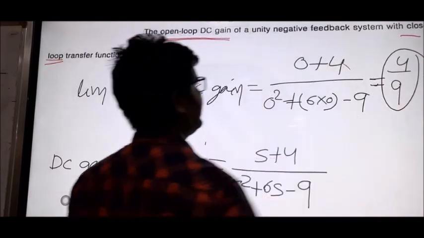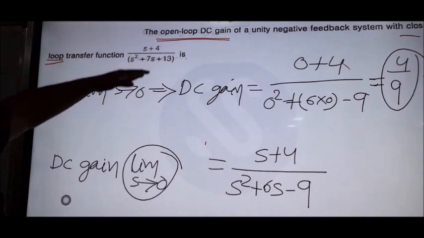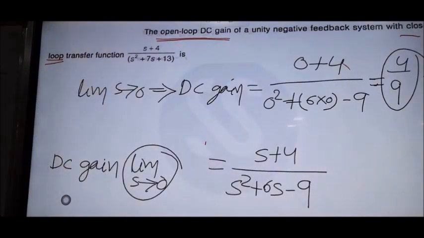So this is my DC gain, not 4 by 13. Okay, so before doing the problem, think about what the question asked.